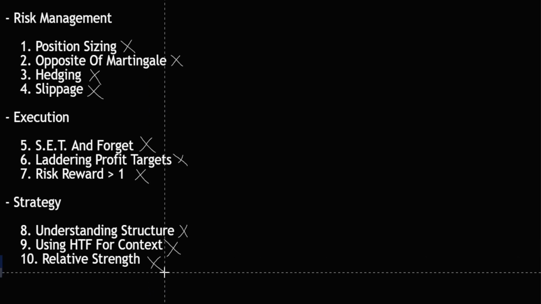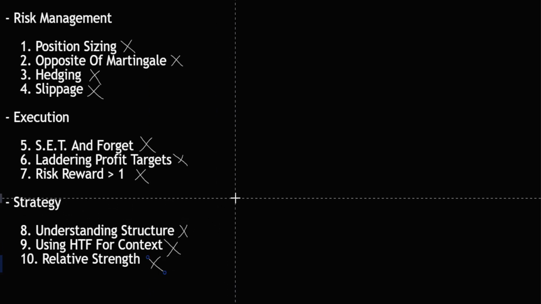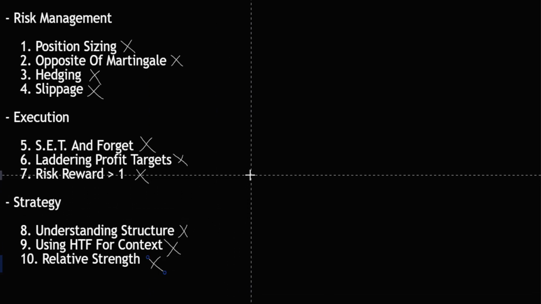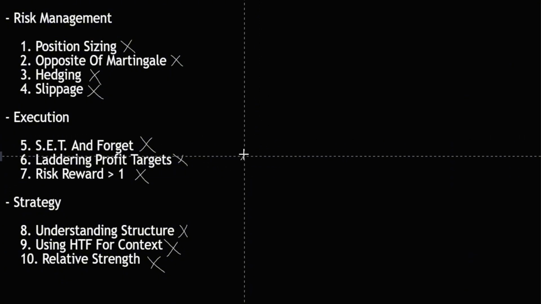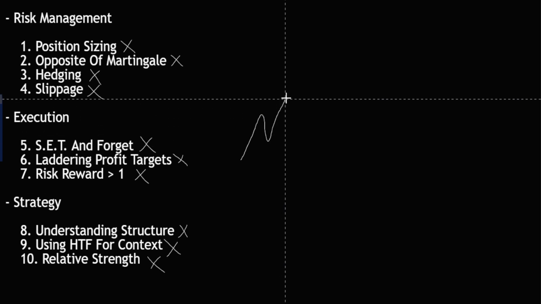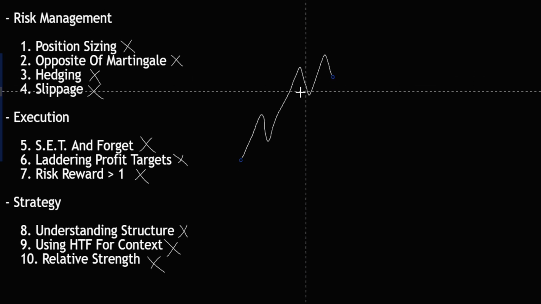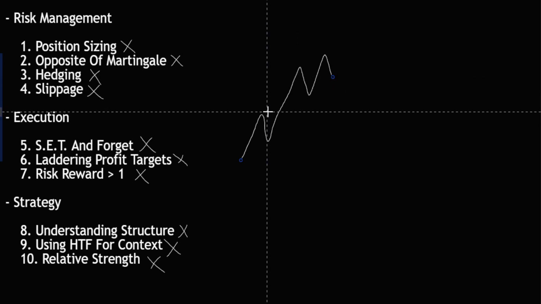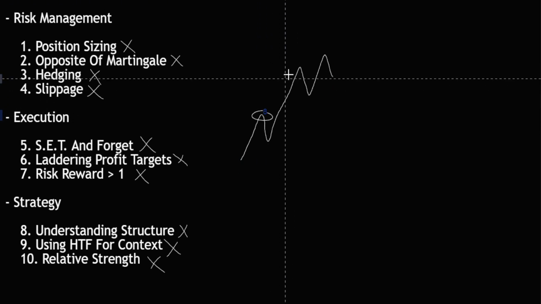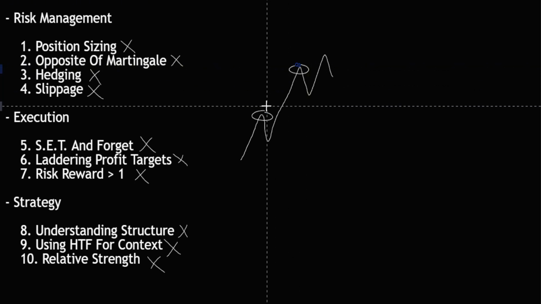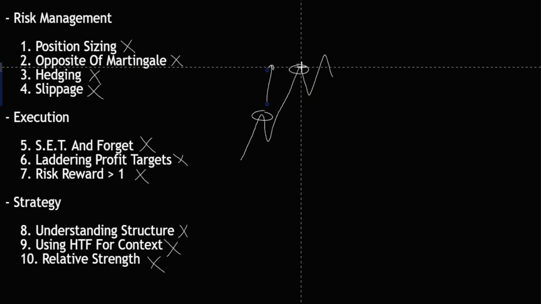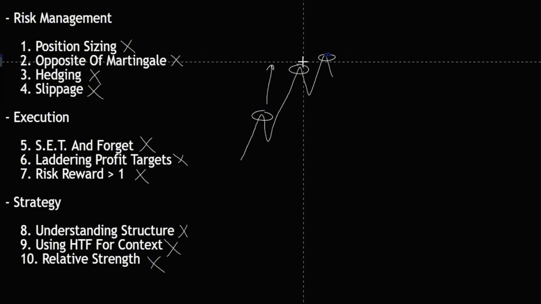And then relative strength. You could use the tool, which you're probably familiar with, called Relative Strength Index, but you don't need that tool. Basically, let's say price is going up, and then price goes up, but it wasn't as significant. So to keep it simple, the distance between the first high and the second high is greater than the distance between the second high and the third high.